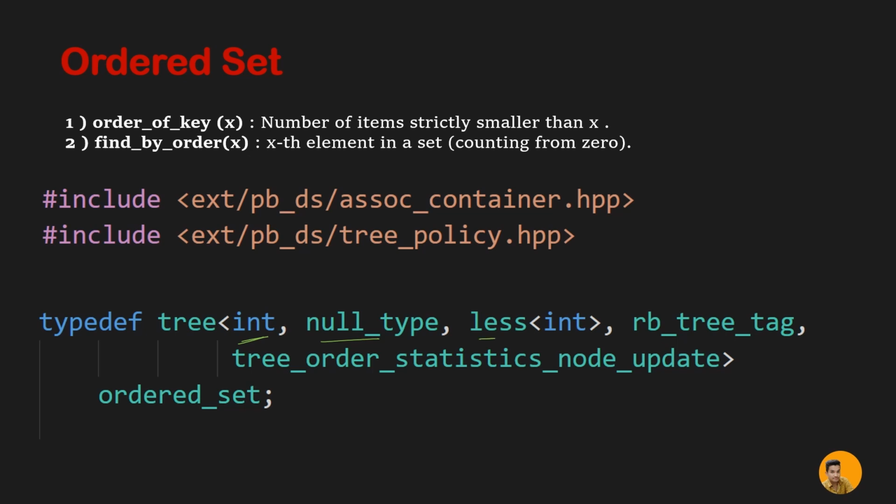Then this gives the comparison. Here we are using less. This is basically comparison between two keys, so we will use less. And then this tells the tree, which is what gives us log n time. We are using the red black tree tag here. So this defines the tag of the tree we are using.